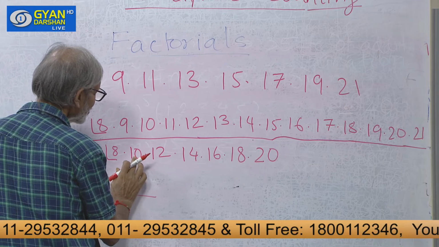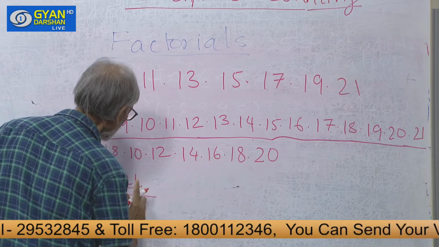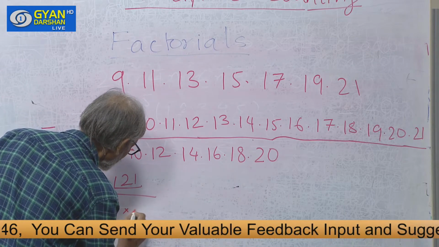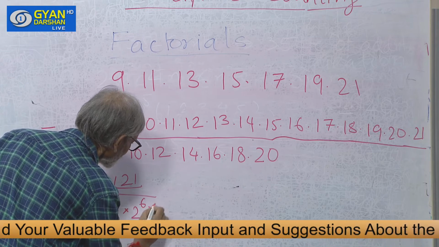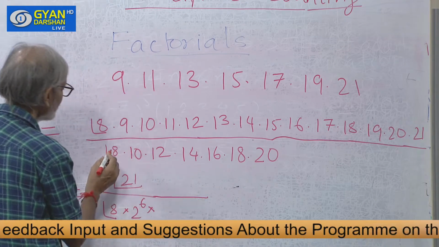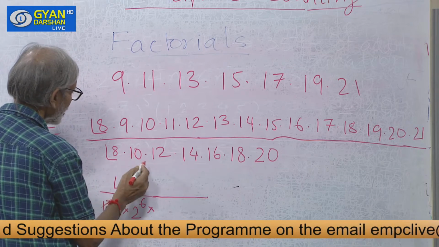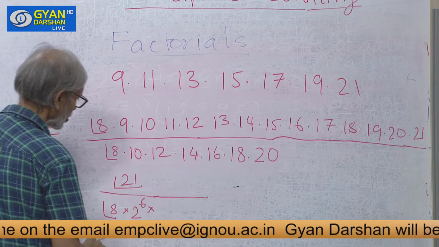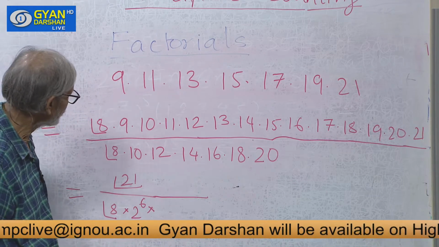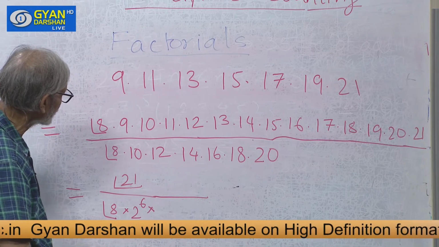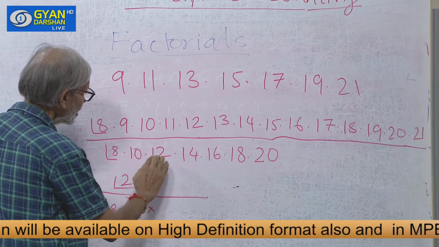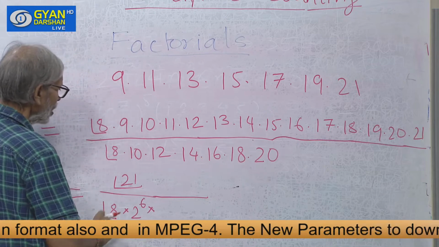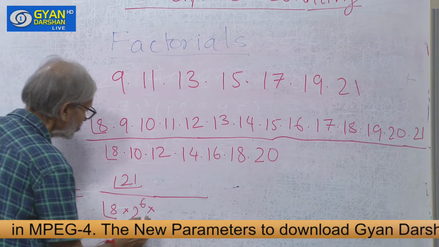I will take 2 from each one. So, 1, 2, 3, 4, 5, 6. So, it will be 2 to the power 6 into, then it will become 5, 6, 7, 8, 9, 10. But 1 to 4 is missing.